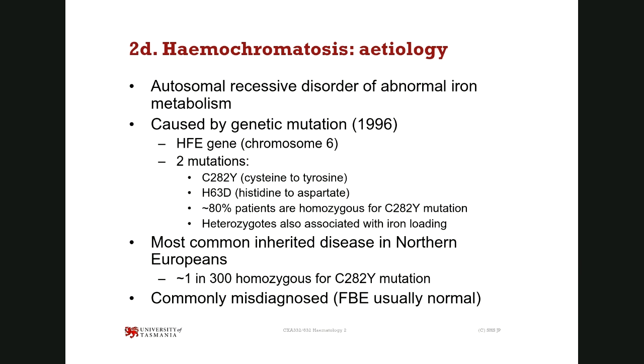It wasn't until the mid-1990s that a mutation was identified in the hereditary hemochromatosis protein, and that's known as the HFE protein and the HFE gene. And shortly after that, there were additional mutations of the same gene that were identified.